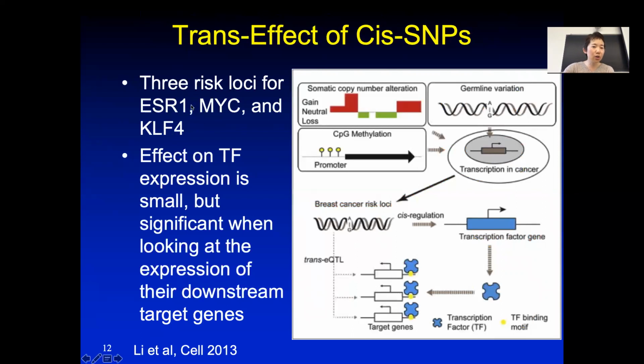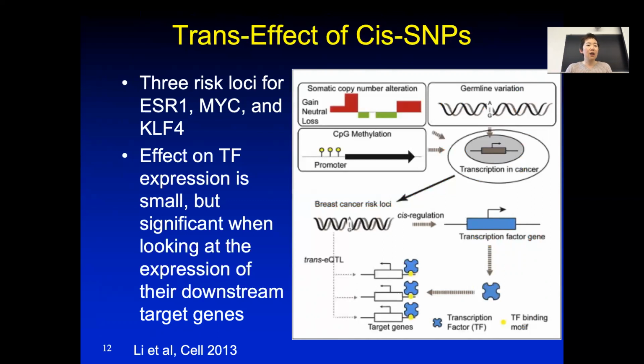However, because these three are all transcription factors, they can look at the ChIP-seq data of these transcription factors and look at their putative downstream target genes. Then they look at all the downstream targets, like a gene set enrichment analysis.